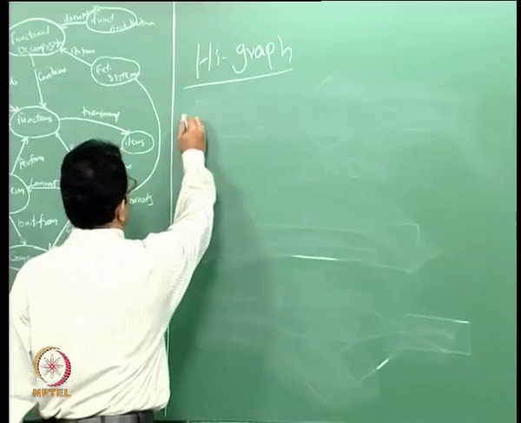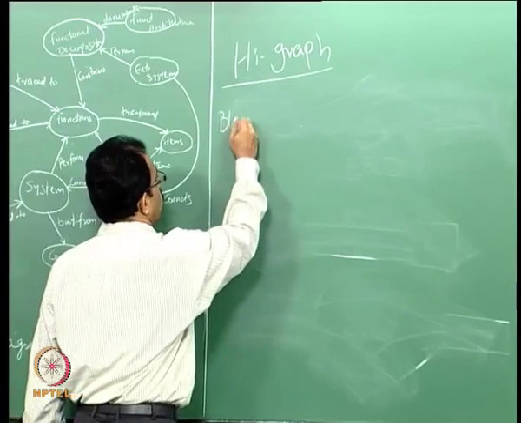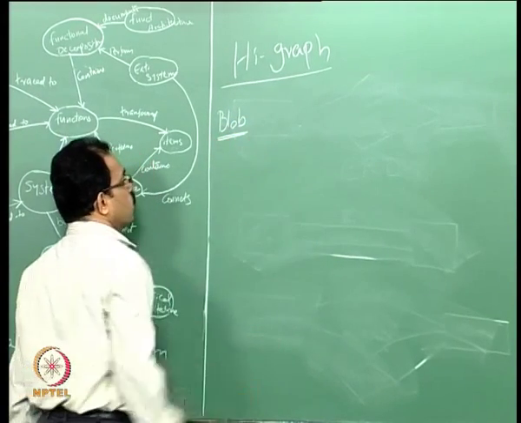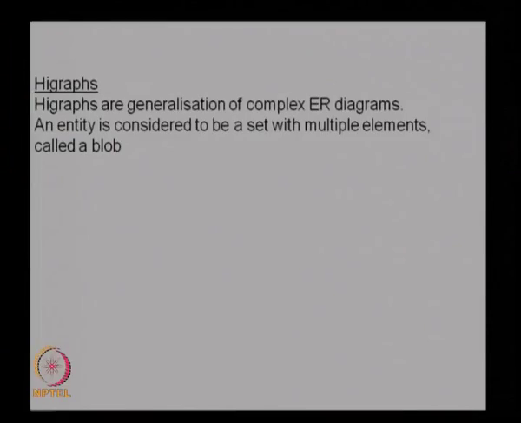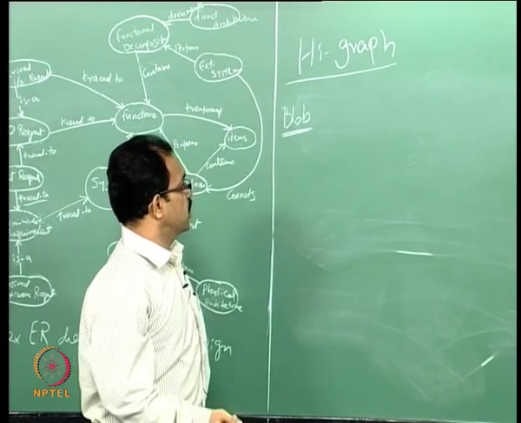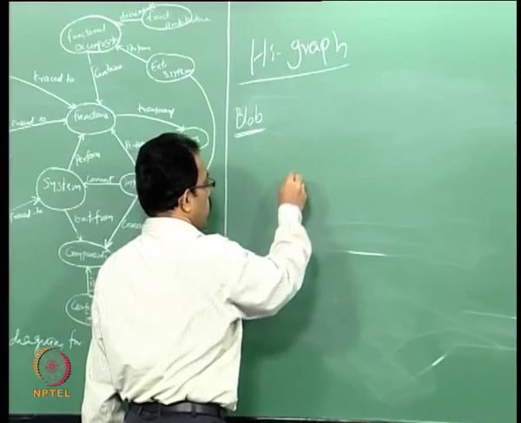Here an entity is considered to be a collection of many small elements, or multiple elements, which are known as blobs. So, one important term we use here is the blob. A single entity is considered to be a collection of small elements in the system. That is the blob; multiple elements are combined together in a blob.